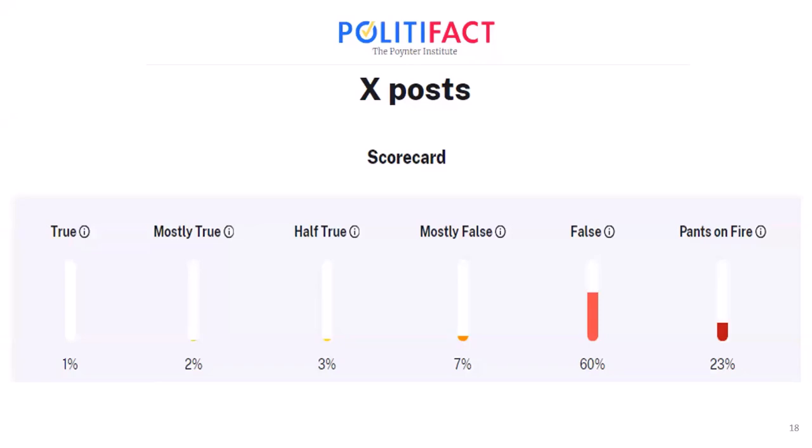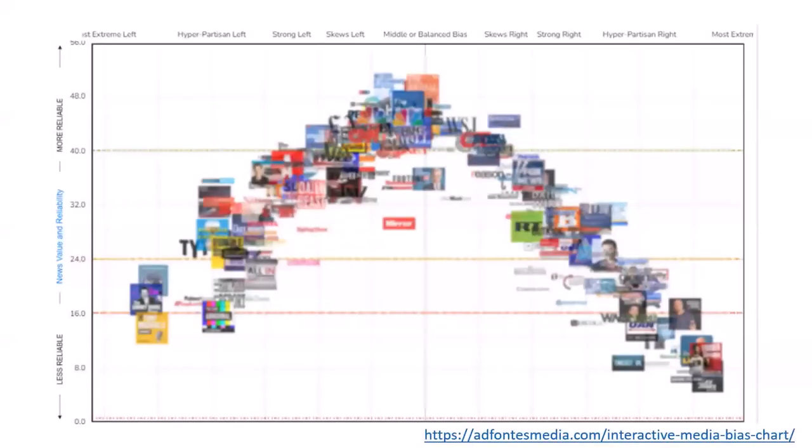Another similar resource is Ad Fontes Media Bias Chart. And I know this is really blurry, you guys. I did it on purpose because I don't want to pass any judgment on social media sites that people may like or dislike. But what this does is it ranks media resources in general, and it includes newspapers, news stations, podcasts, websites, everything.